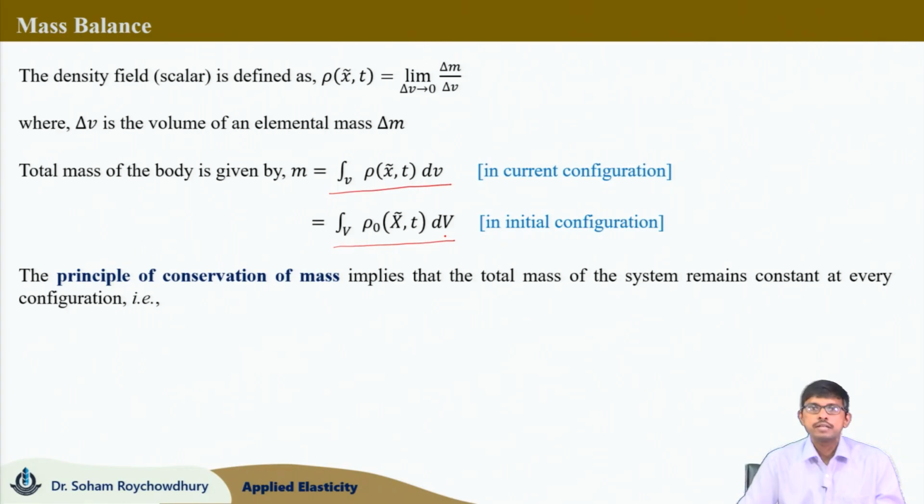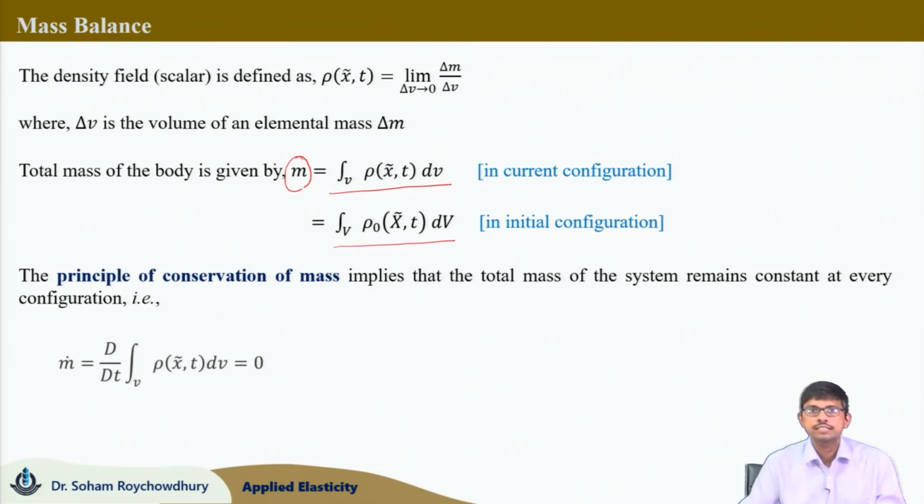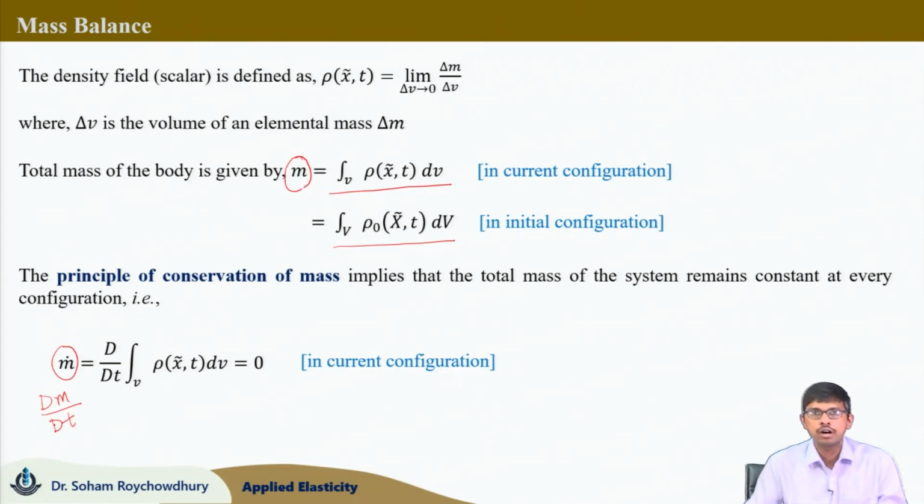Now the principle of conservation of mass implies that the total mass of the system remains constant in each and every configuration. Thus the rate of change of mass, the total time derivative of the mass of the system, must be equal to 0. Here M dot, where the dot refers to the total time derivative d dt, dM dt or M dot, the rate of change of mass, equals 0.